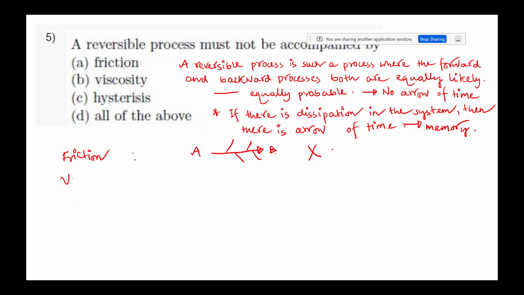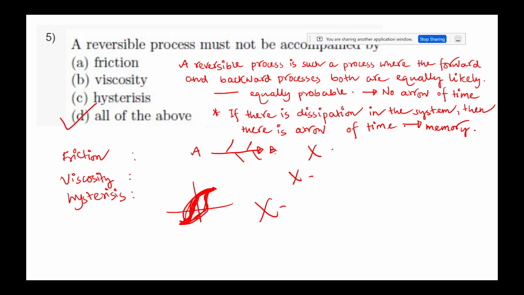For viscosity, same thing, so this is also not possible. For hysteresis, you probably get some curve like this. It starts from here, so it doesn't follow the same path. It grows from here and reaches here, following a different path. So this is also not possible. So here the correct option should be all of the above.